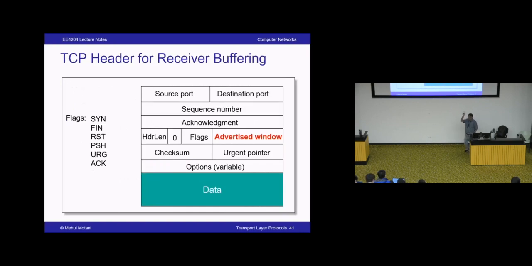This advertised window field is the destination telling the sender, this is your maximum window size. This is called flow control. It's the sender being considerate of the destination.